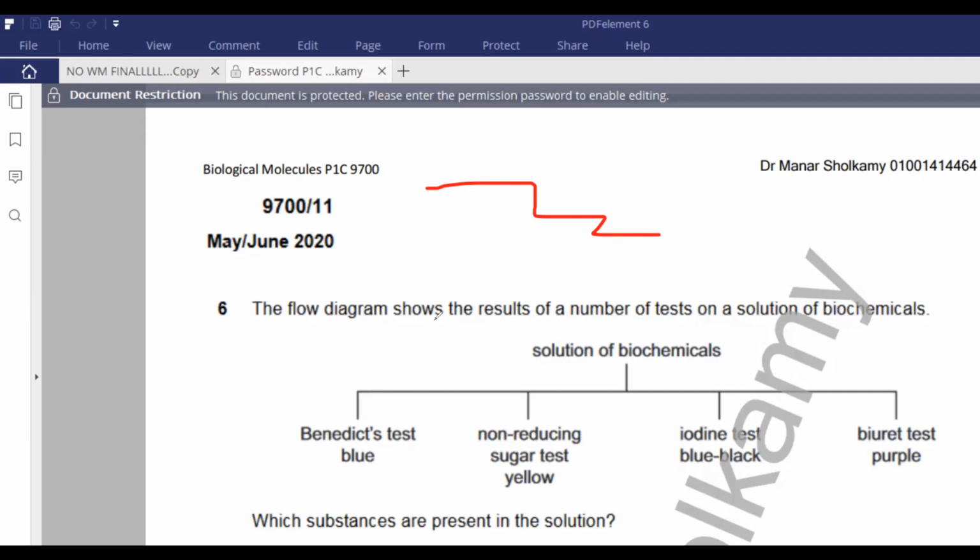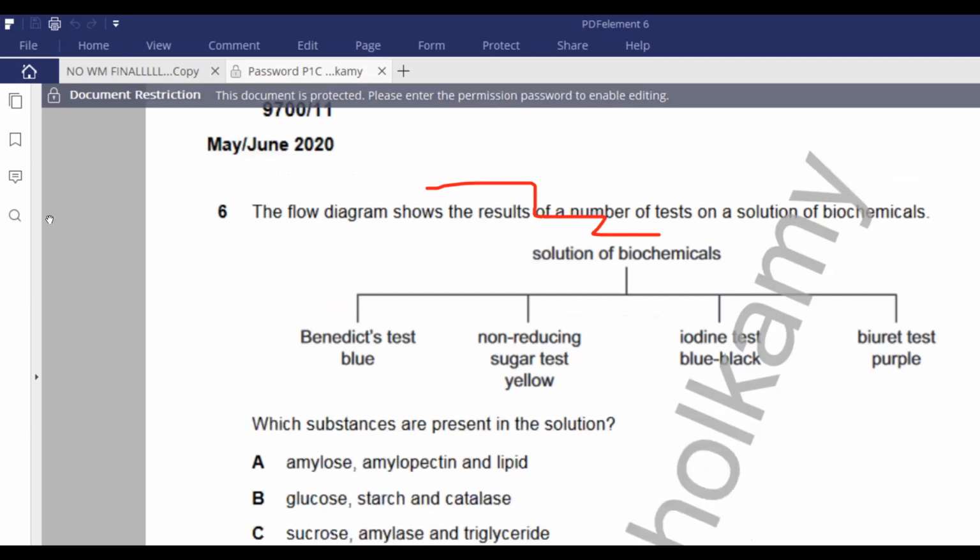Here, the flow diagram shows the results of a number of tests on a solution of biochemicals. We did a Benedict's test, and the result was blue. If the Benedict's test was blue, then does it contain reducing sugar or not?